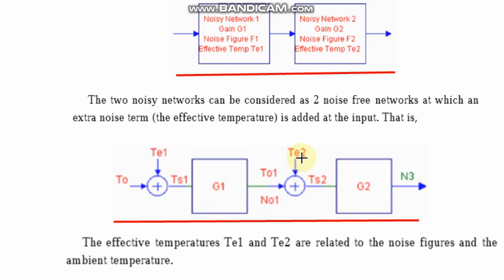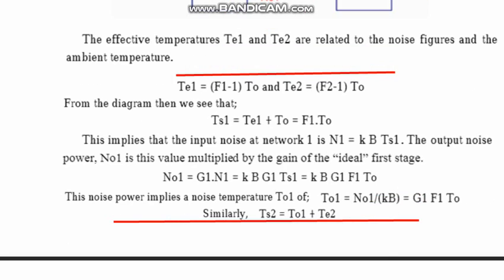TE2 means the effective noise temperature for amplifier 2, for noisy network 2, and the total sum of all these factors will be received as TS2 and fed to amplifier 2, noisy network 2. Then we will receive N3 as the output power of noisy network 2, and that N3 will be the final output.